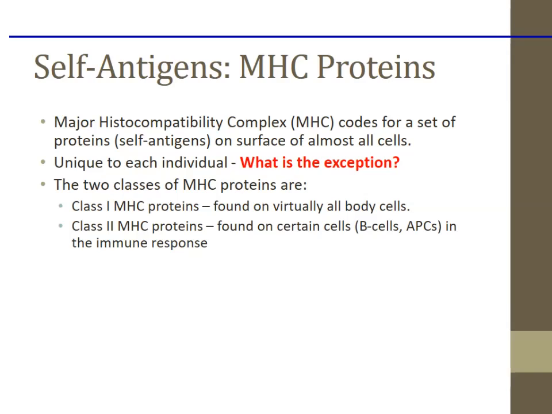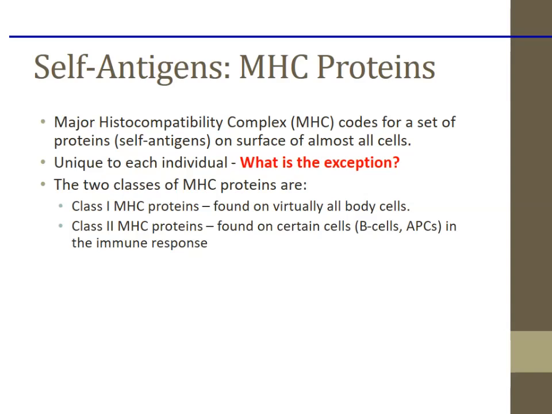Just the same as we talked about red blood cells having a certain antigen in the same way. But we don't call these antigens. We call these proteins. I'm sorry for that, because proteins are antigens. You know, so we can keep it all straight. But in this case, we just call them proteins.